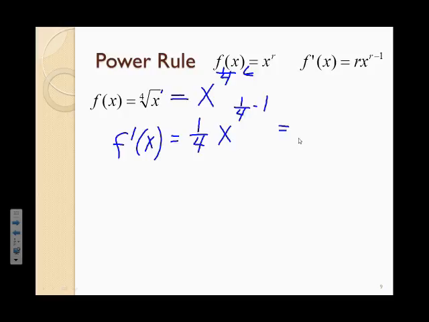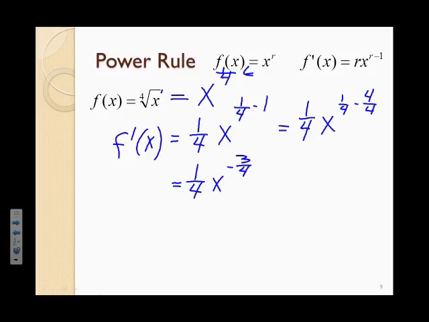Probably putting it in a form that's more helpful, we would put it as x to the 1/4 minus 4 over 4. Just change the 1 and put it into a form that's helpful in solving the equation. So then, when we do this, we get 1/4 x to the minus 3 over 4.